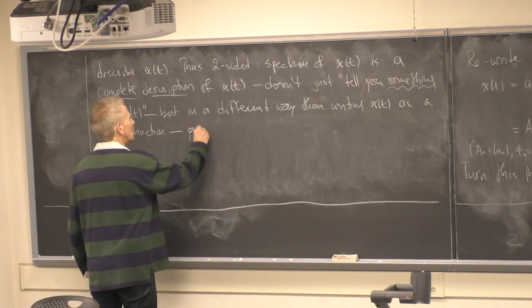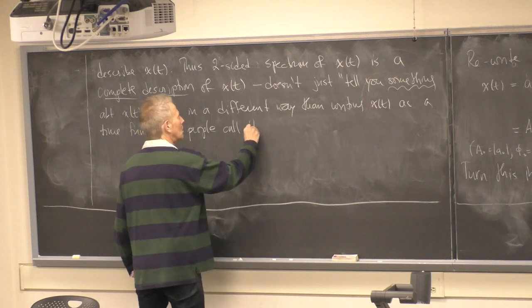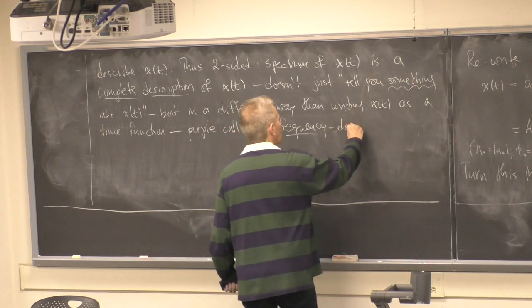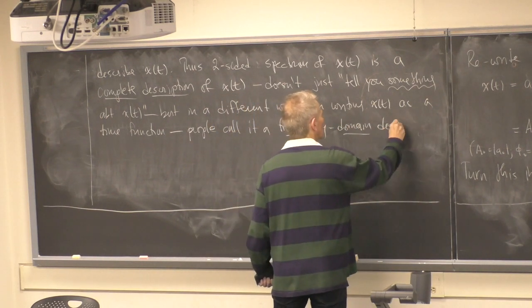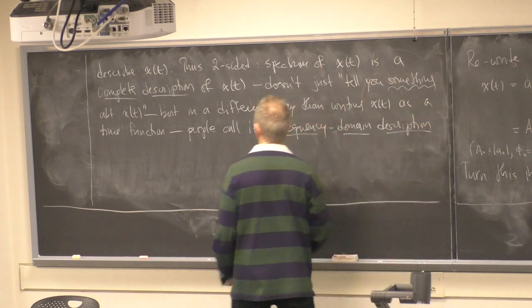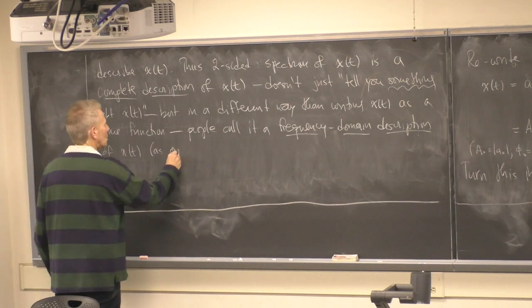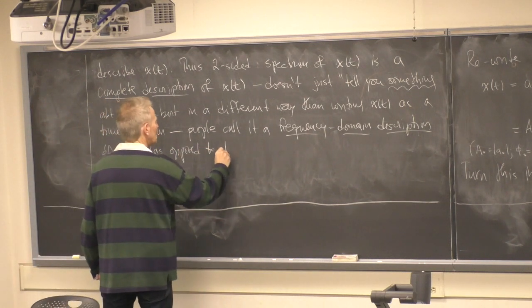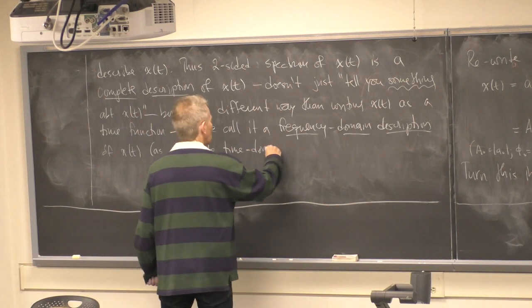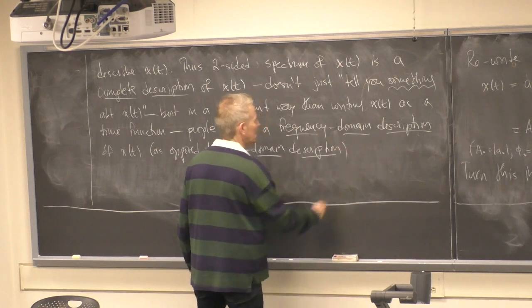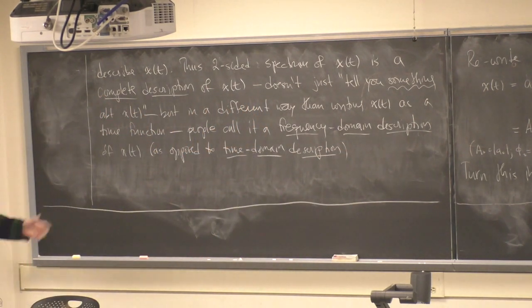People call it a frequency domain description of x of t, as opposed to a time domain description, which is the way of writing x of t as a time function, or perhaps as a graph of x of t versus t. So these are words that you're going to learn to use.